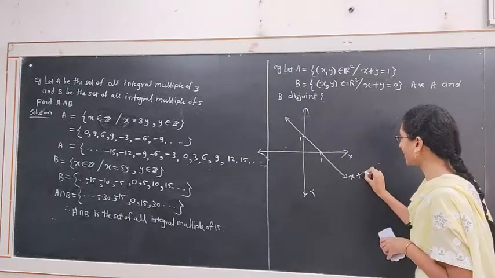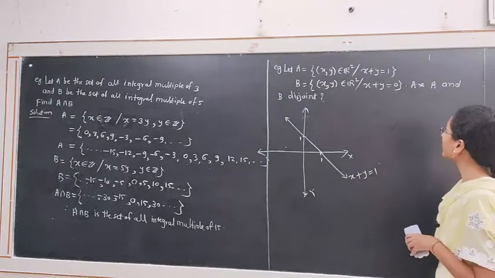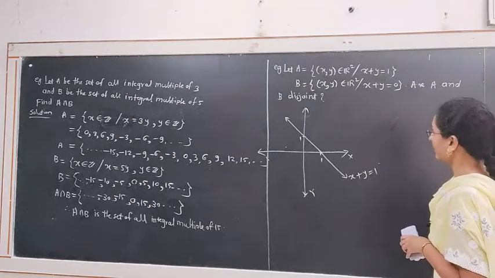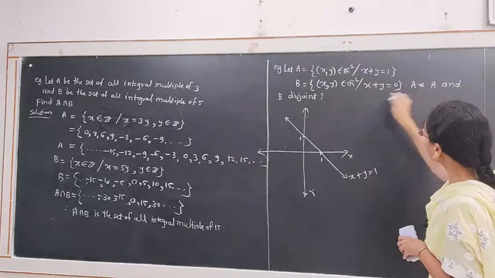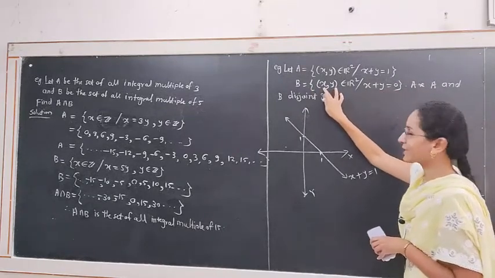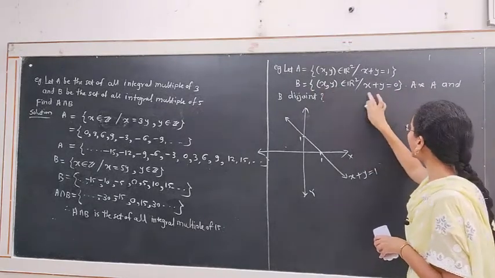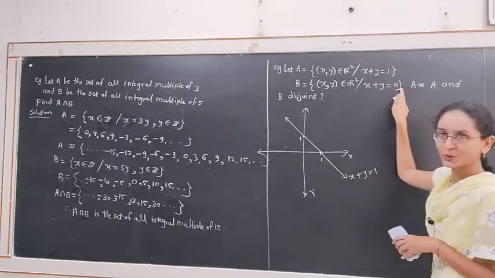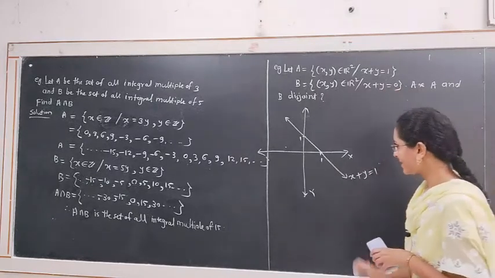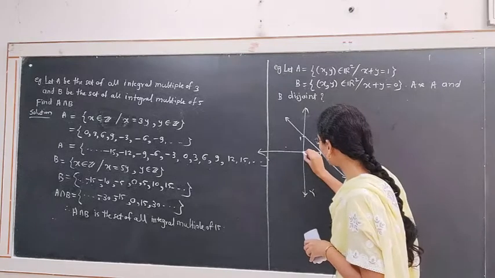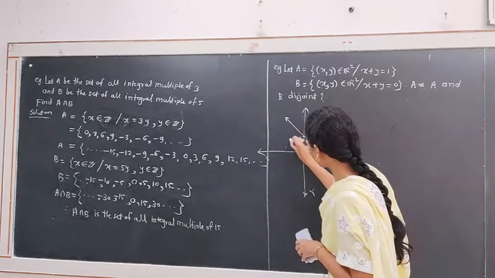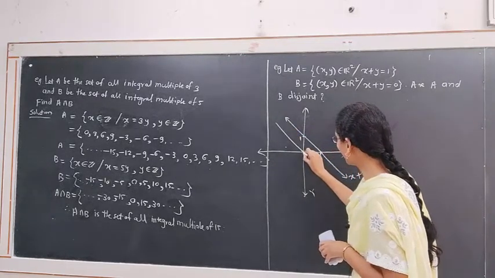This is the equation of the line x plus y is equal to 1 and the B set is given as the set of all ordered pairs xy where x plus y is equal to 0, means x is equal to minus 5. X is equal to minus 5 is this line which is parallel to x plus y is equal to 1.